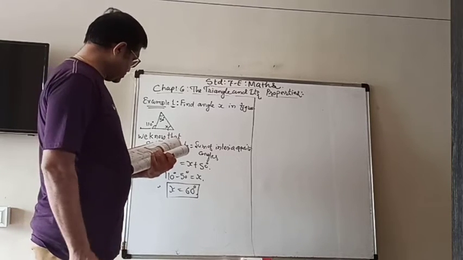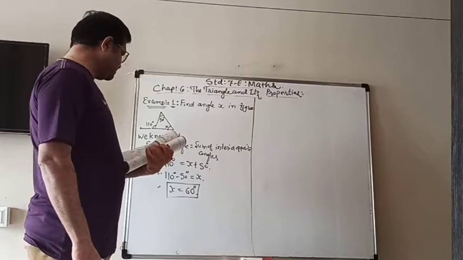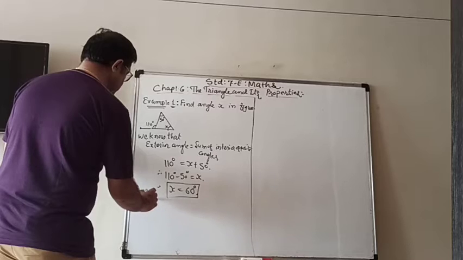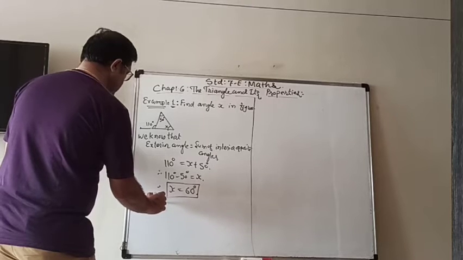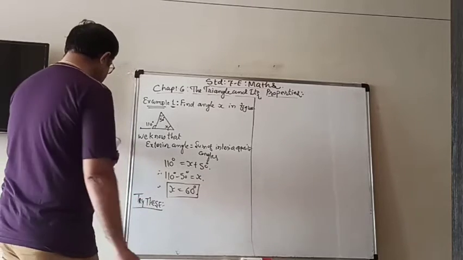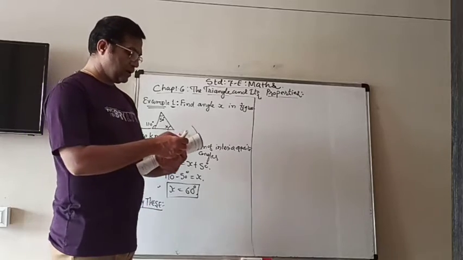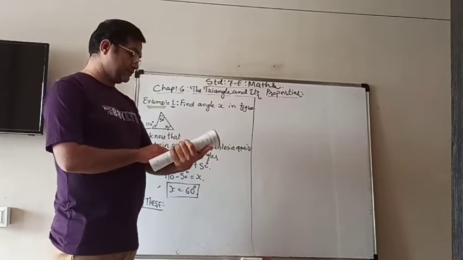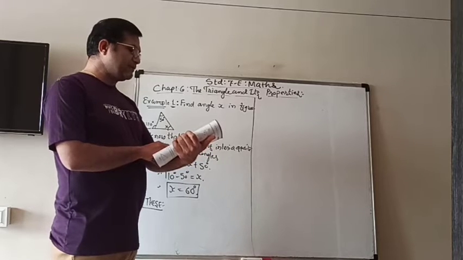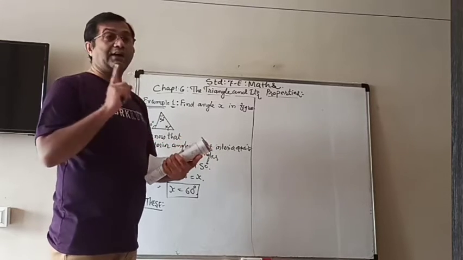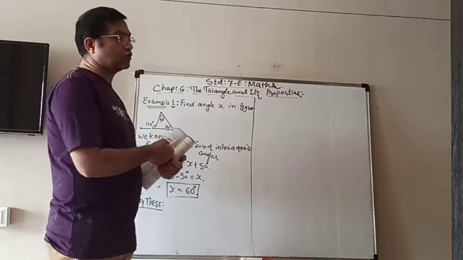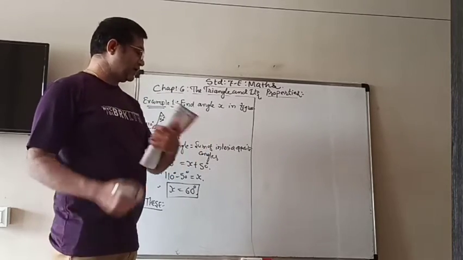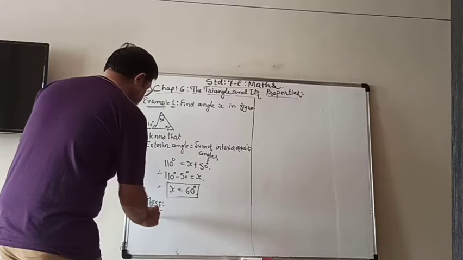Now in the try this there are some questions, in which it is given that an exterior angle of a triangle is of measure 70 degree. I am not writing the question, but according to the question I am going to draw the figure and then we will do the sum.